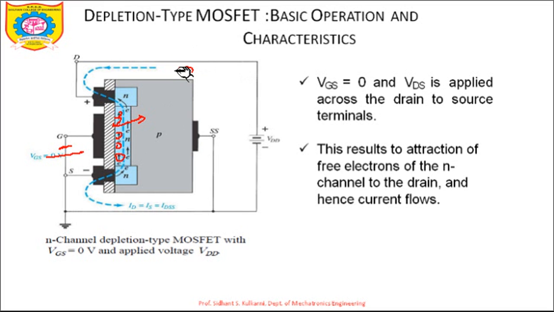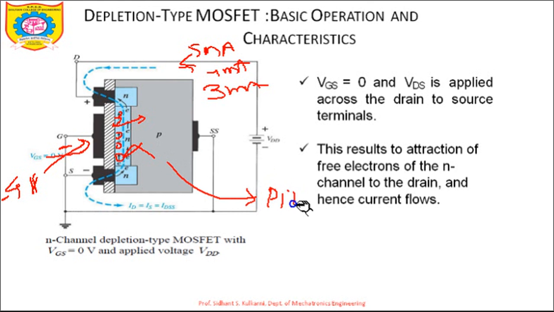Just assume for a moment that initially ID is 5 milliampere, because if I apply VGS, it can reduce to 4 milliampere, then 3 milliampere, then 2 milliampere, and a condition comes when VGS is, let's say, minus 4 volt. If we apply this, what will happen? The electron flow from source to drain completely stops, and we say that pinch off has occurred.